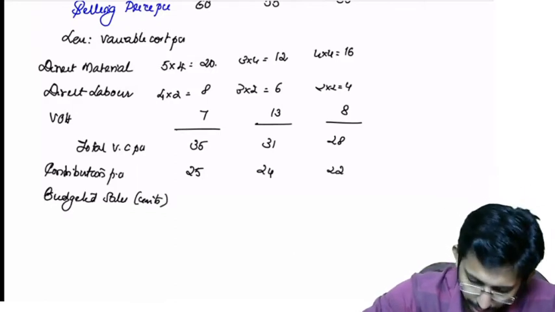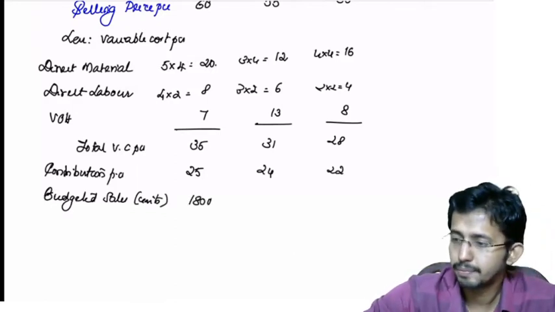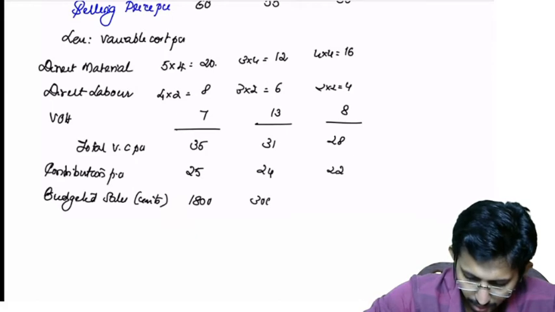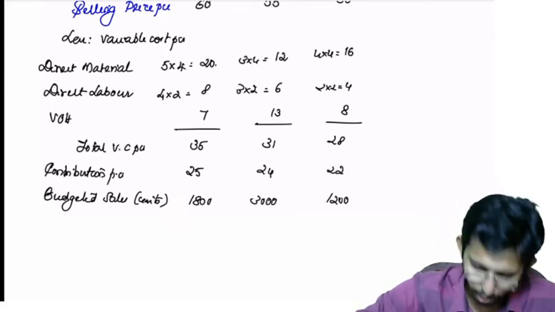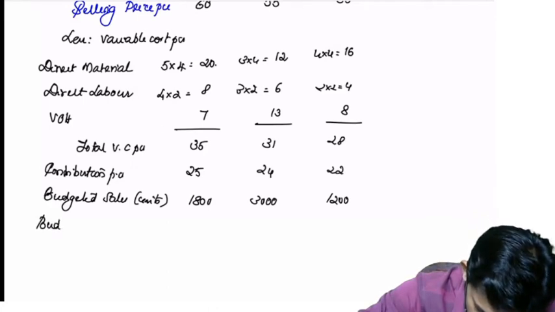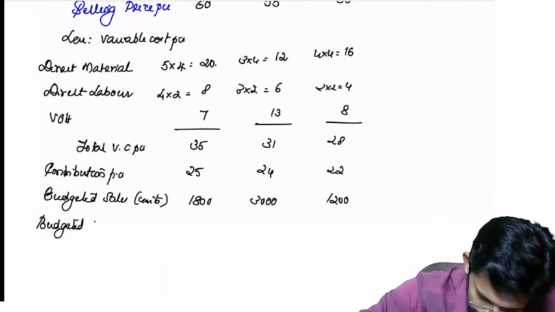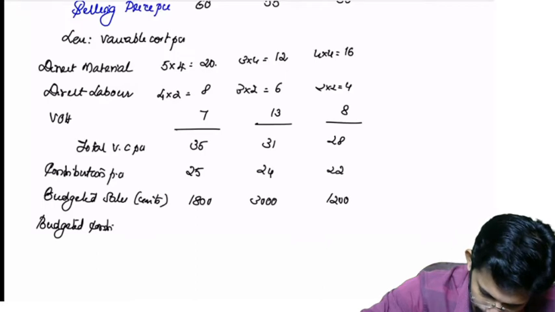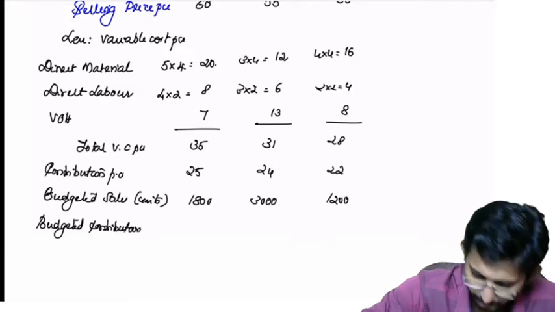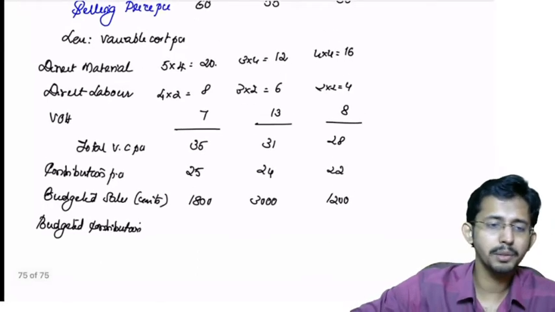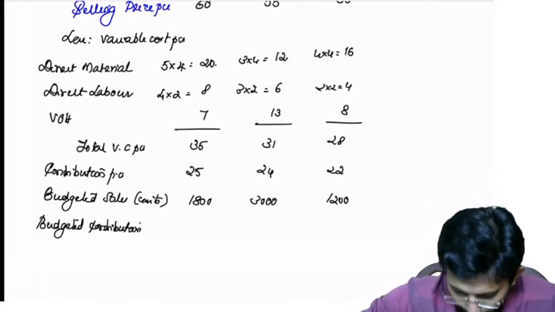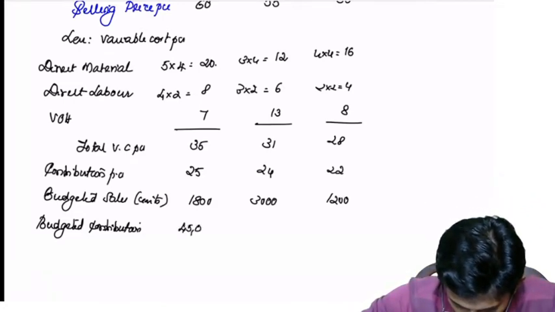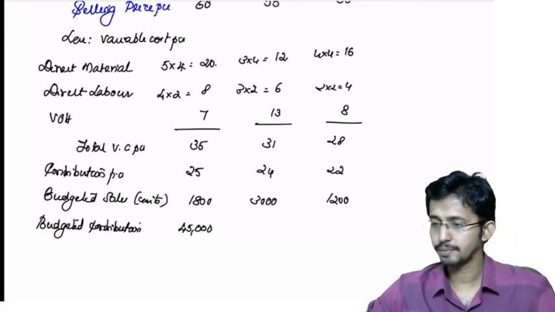What will be the quantity? 1800 here, then 3000, then 1200. So budgeted contribution will be contribution per unit into budgeted units. So that will be 45,000.